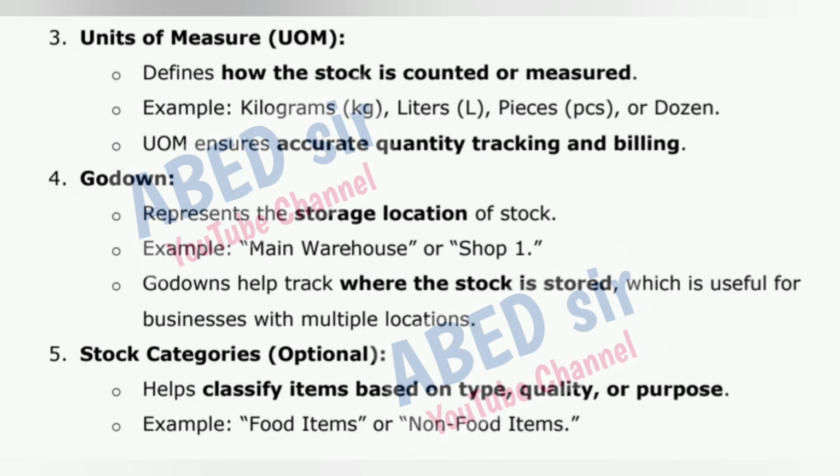Example, main warehouse or shop 1. Godowns help track where the stock is stored, which is useful for businesses with multiple locations. 5. Stock categories, optional. Helps classify items based on type, quality, or purpose. Example, food items or non-food items.